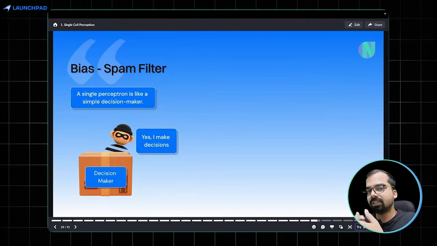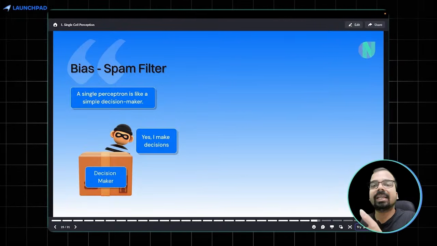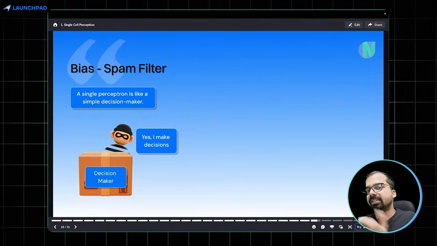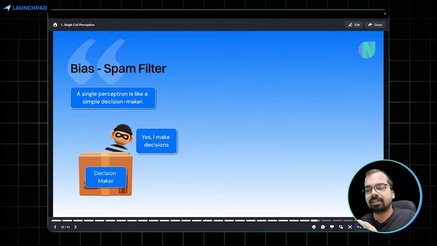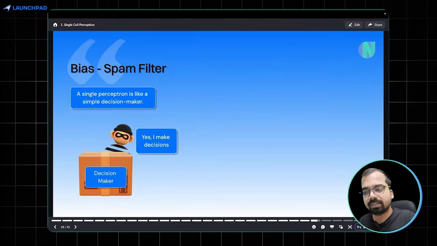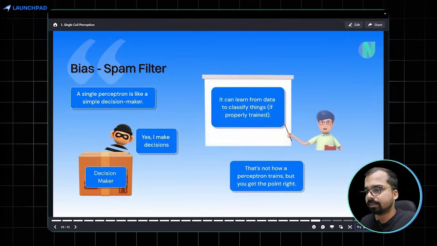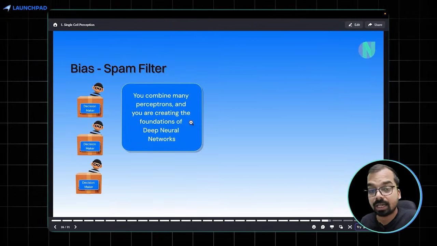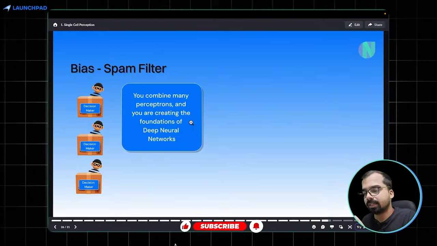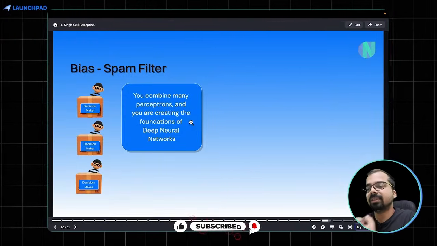And in that way, you can create complex decision boundaries. And that is where these perceptrons come. Think of a perceptron as a single decision maker. It's a simple decision maker. And if I combine multiple such perceptrons, I can basically create more complex decision making systems.